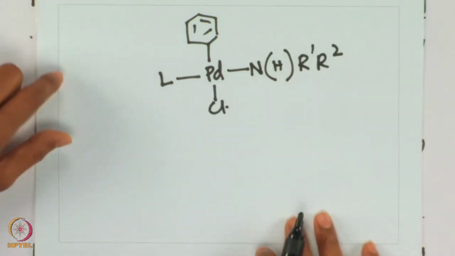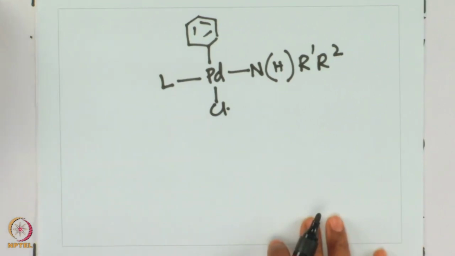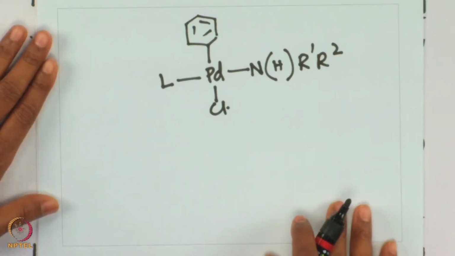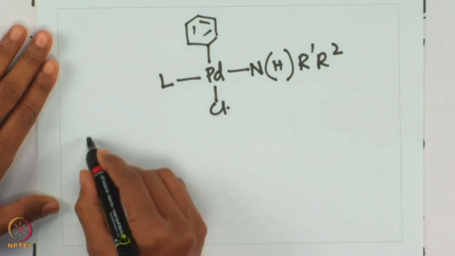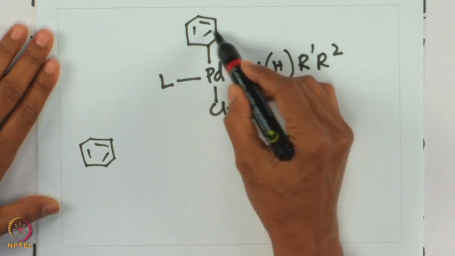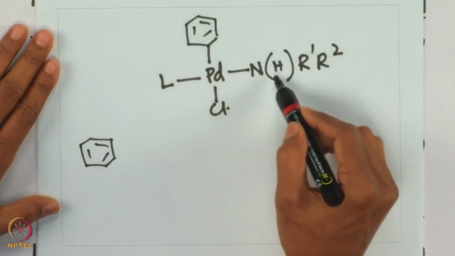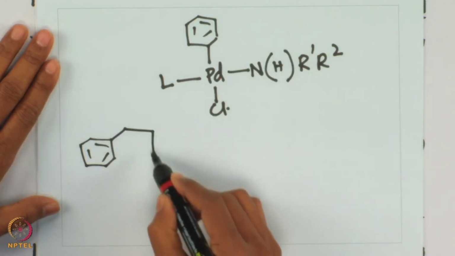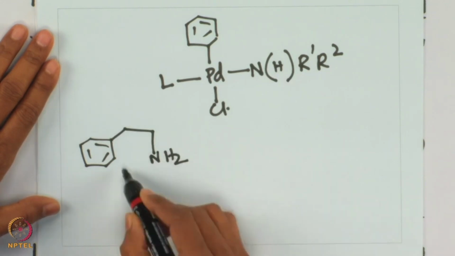Now, looking at it, what the scientists have designed, this is once again by the Buchwald group at MIT, is a design which showed that you can combine this aryl moiety with this amine. So, that means an intramolecular setup, where NH2 is given.